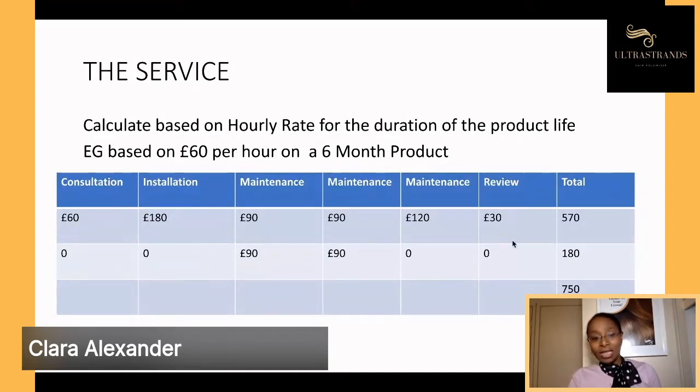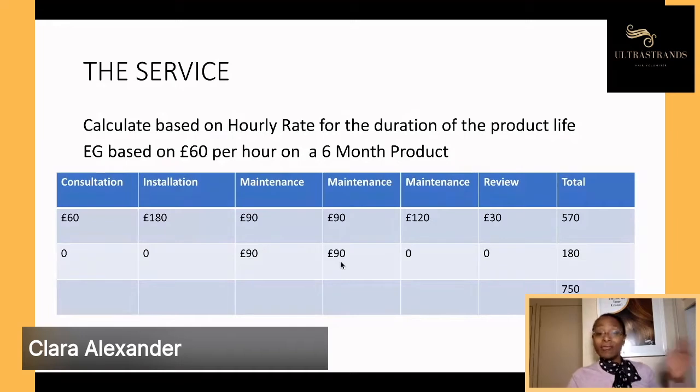On the next line, because this is a continuation of the maintenance, there's no consultation, there's no installation, but there is the standard maintenance of £90, and this will be month 5, for instance, and this is month 6. So how I've calculated is, this is month 1, so the installation, they have a month after that point, and this is month 2, month 3, month 4, month 5, month 6, and at month 6, I'm assuming it's at the end of the life cycle.